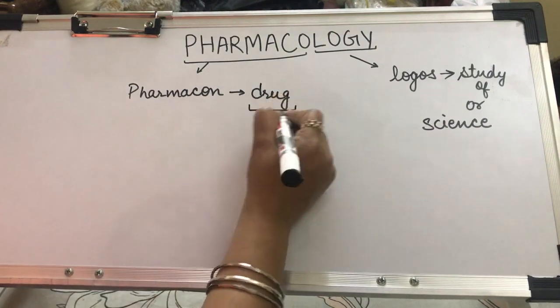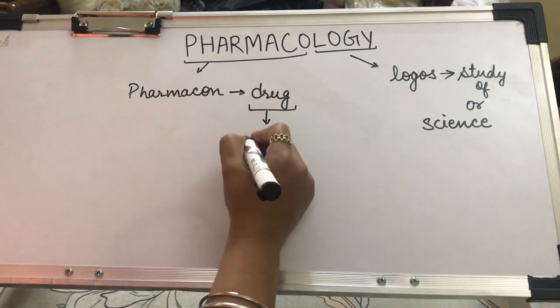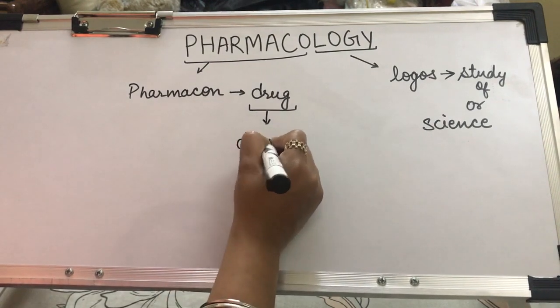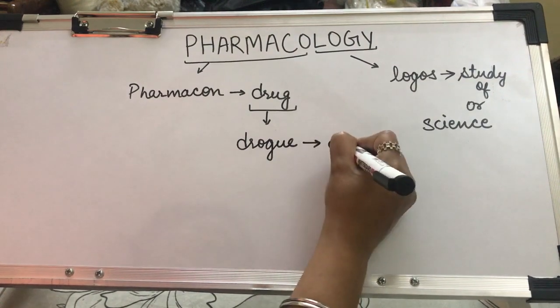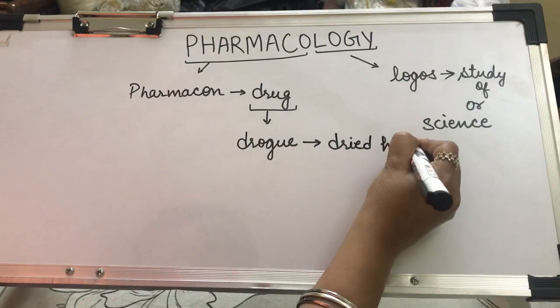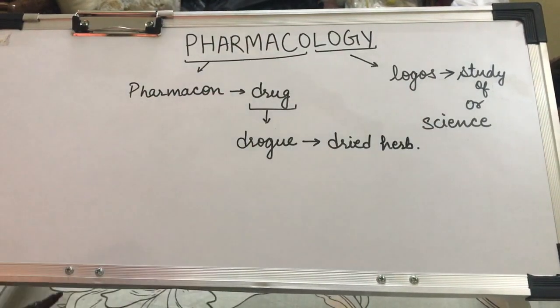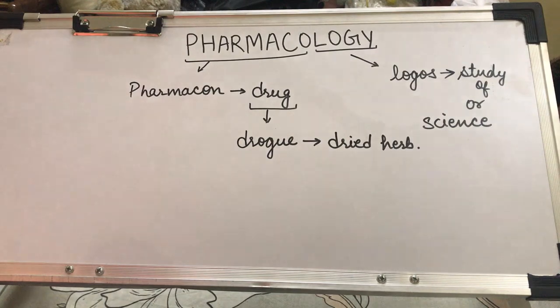Further, drug has been derived from a French word, drogue, which means dried herb. Now whenever we hear the term drug, one thing that comes to our mind is any substance of abuse or misuse.